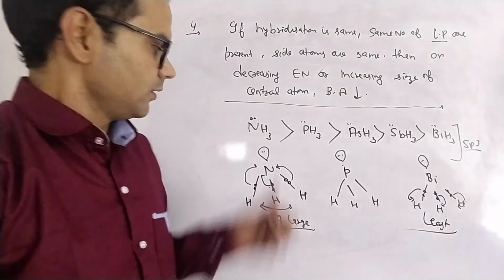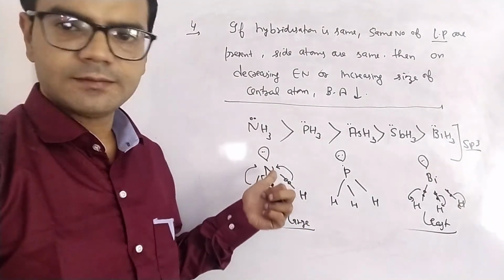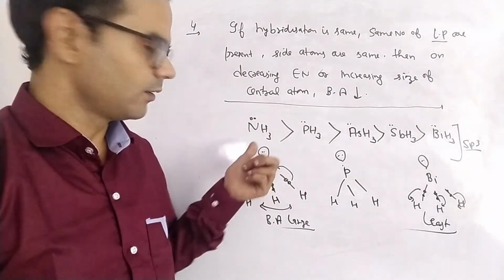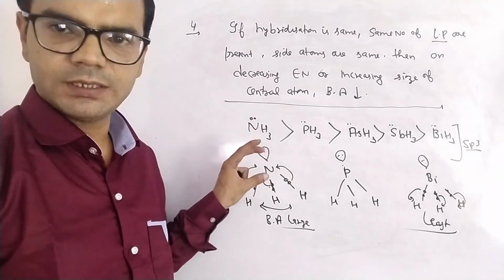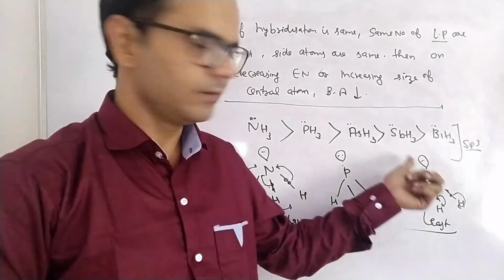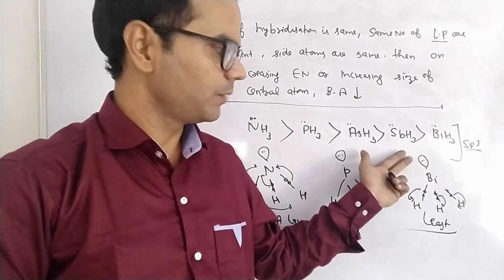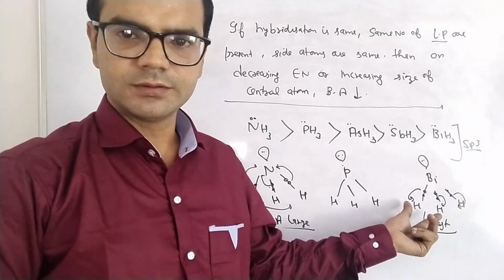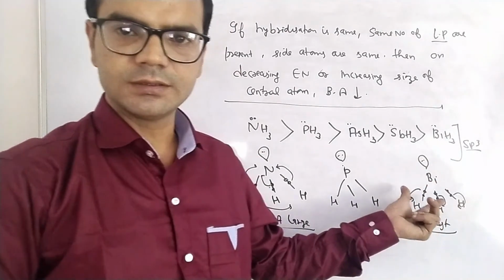If the central atom attracts bonded electrons and a lone pair is present, then there will be repulsion. But if the central atom is not attracting the bonded electrons, there will be least repulsion between the lone pair and bond pairs. So this molecule will not expand, right?